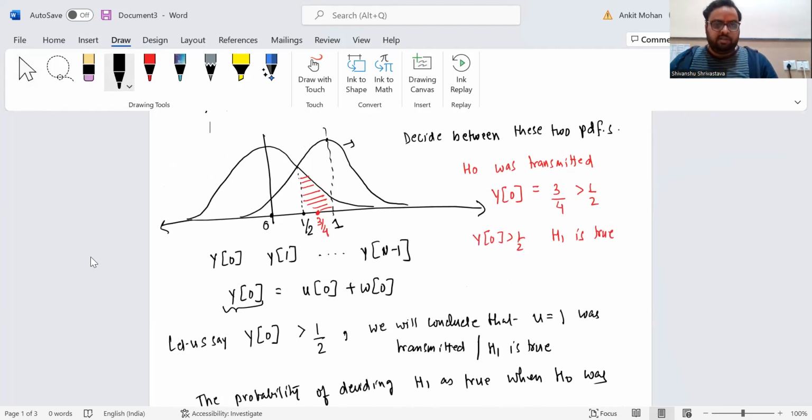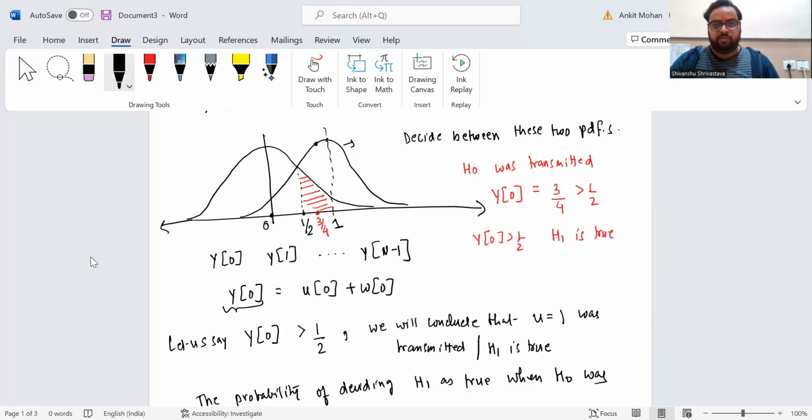And we can see here that there is a probability. Suppose we have this 3/4 here. There is a probability of making both decisions. We can say that this is lying within the PDF of H0, but there is also a probability that it is coming into the H1 region.